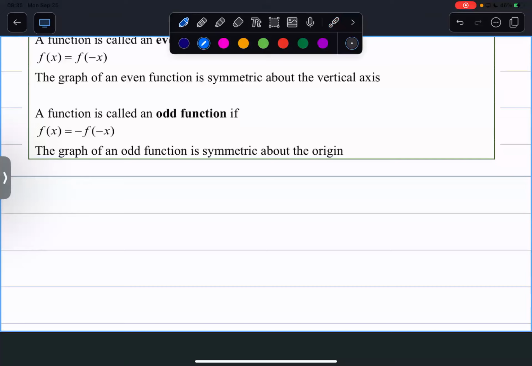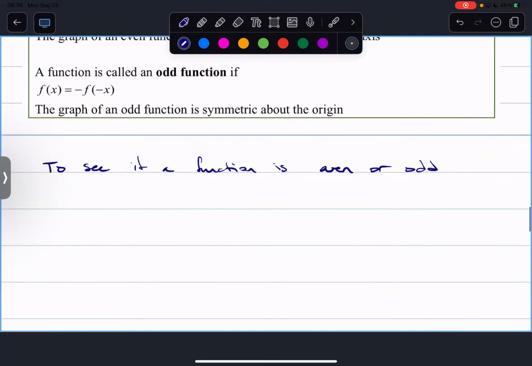So to see if a function is even or odd, we use negative x as the input and simplify.